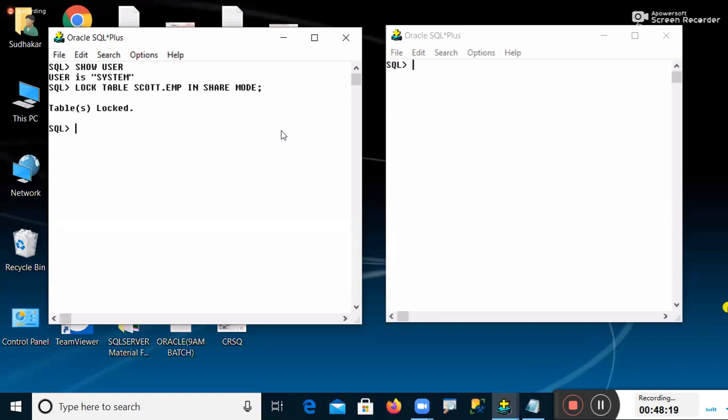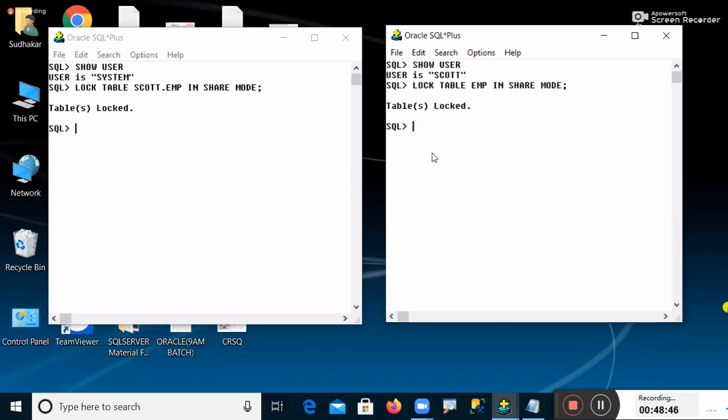Okay, now the same, a second user is there, another user. He is also trying to lock table EMP in share mode. Now what happened? You can see he has also locked the table. So multiple users have locked the table.